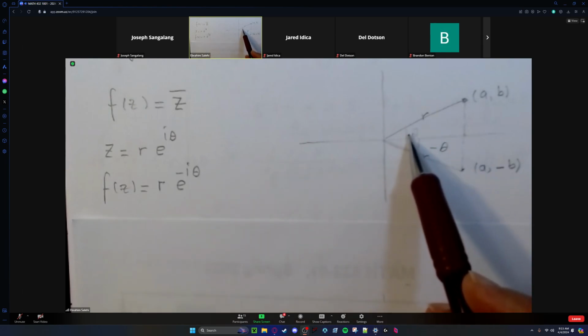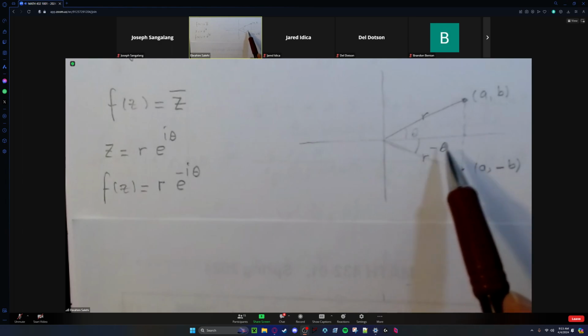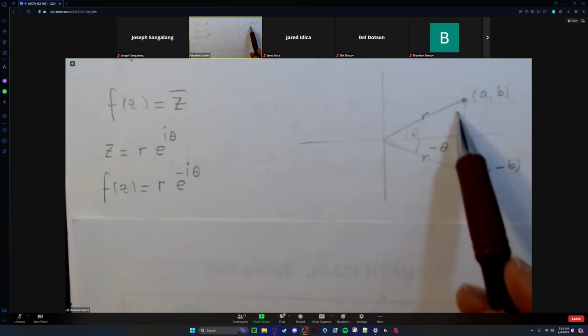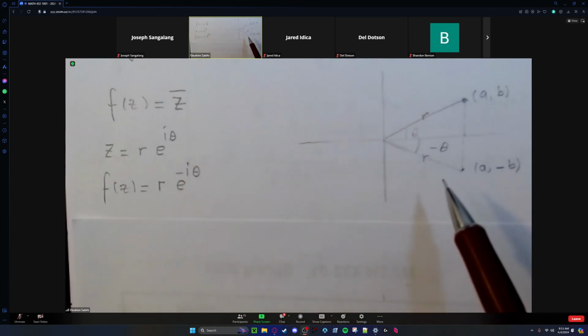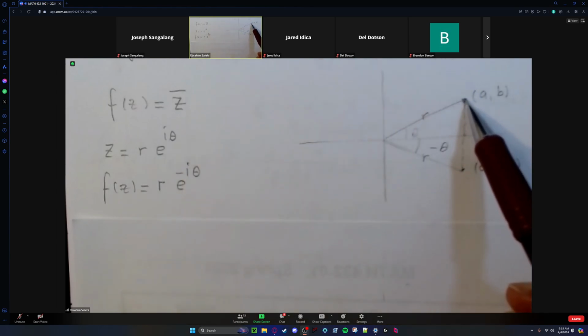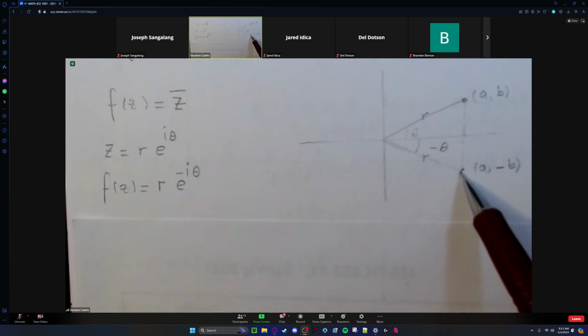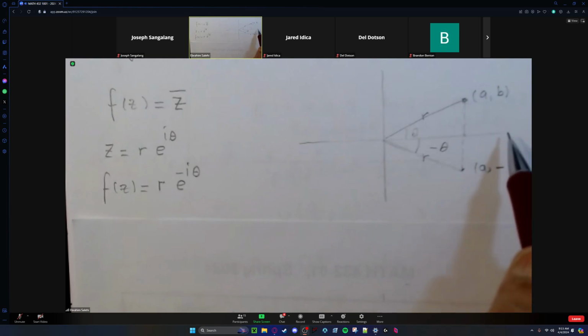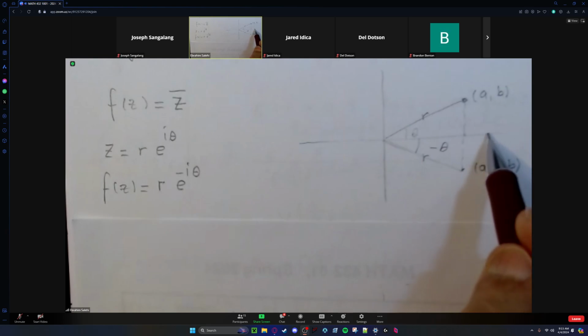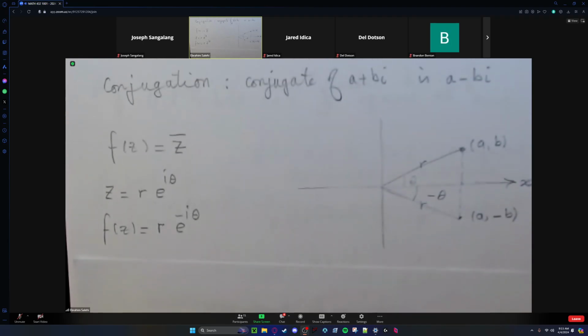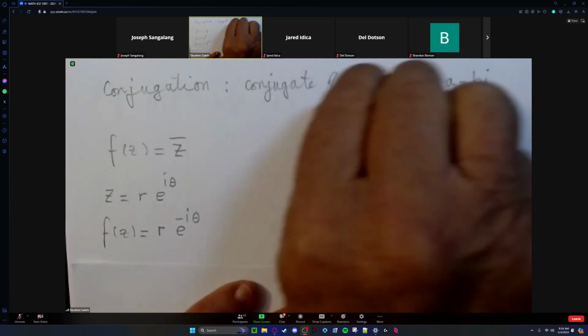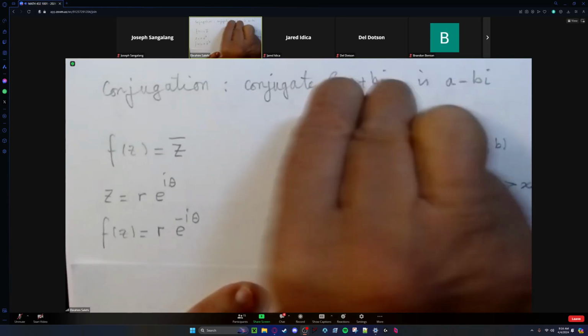So theta changes to negative theta, all right? r stays the same. So conjugation geometrically is actually reflection with respect to the x-axis. Conjugation is nothing but reflection with respect to the x-axis.